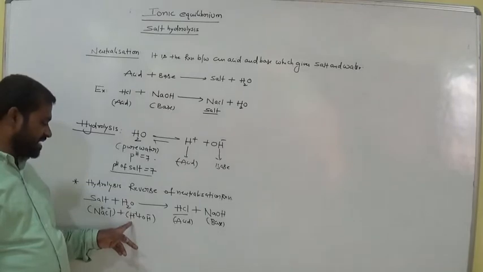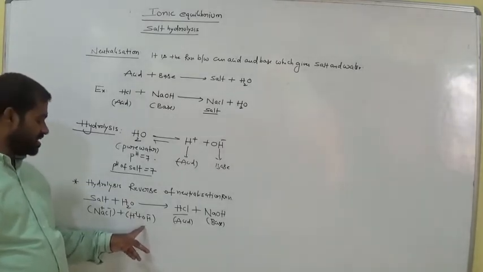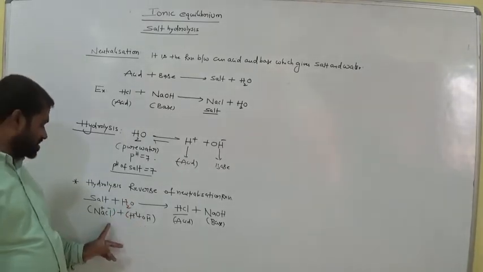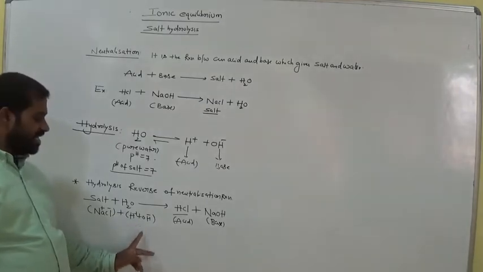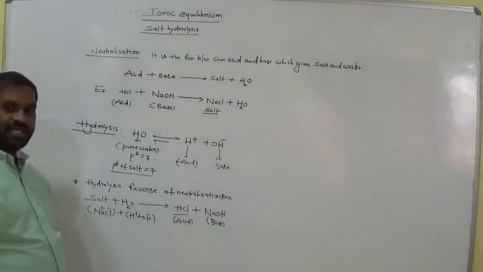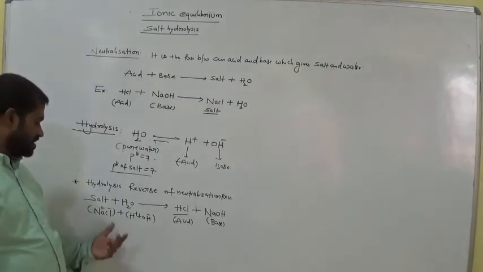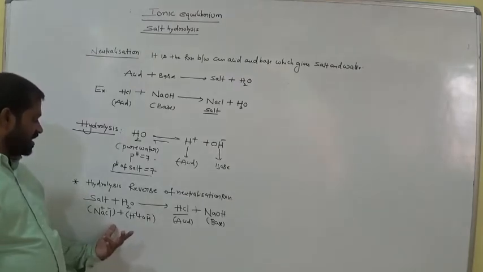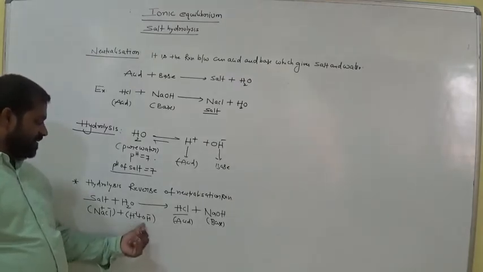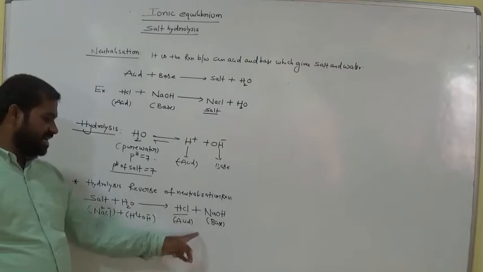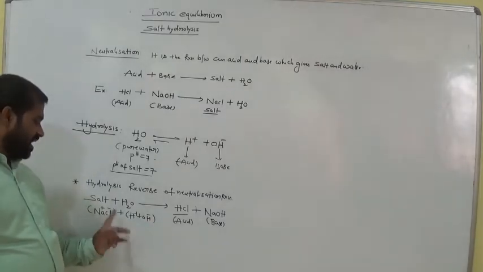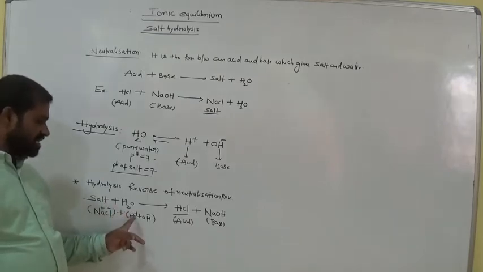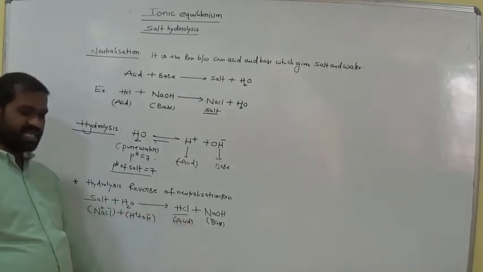Here water splits as H plus and OH minus, am I right? So this is called hydrolysis. Now salt undergoes hydrolysis, it gives acid and base. NaCl and H plus OH minus give acid and base. That means hydrolysis of salt is the reverse of neutralization reaction.